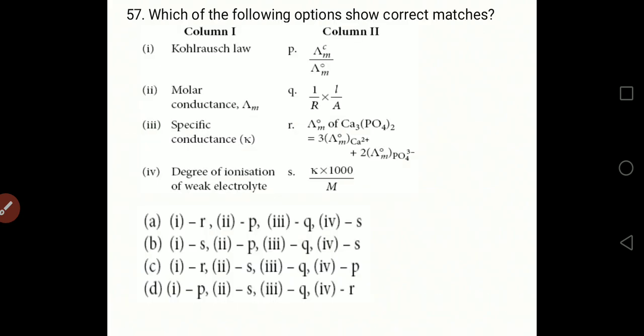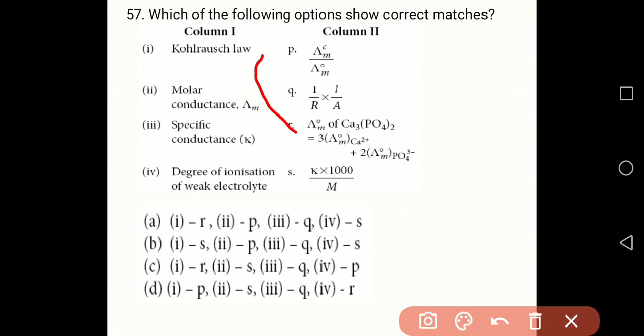Which of the following shows correct matches? In such case, if you know 1 or 2, you can tell the answer very easily. See, Kohlrausch's law, we can very easily tell that Kohlrausch's law should be R, because whenever lambda not M comes, it is Kohlrausch's law only. Then molar conductivity you can say that is S, because molar conductivity formula it is.